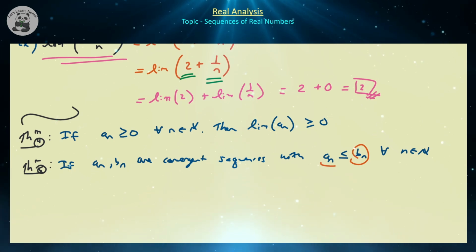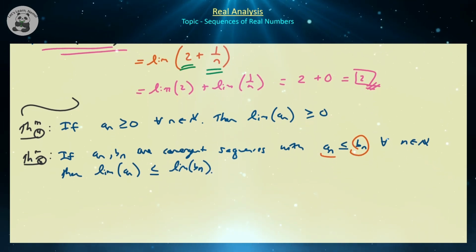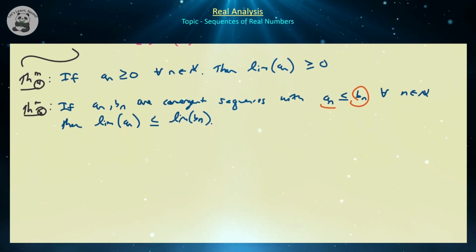So if bn is always greater than or equal to the sequence an for all n in their domain, then what can you tell me about their limits? In particular, the limit of an will also be less than or equal to the limit of bn. Okay, so in some sense, if you can compare the sequences, you can compare their limits. And that can actually be very useful in several scenarios. So let's give this a proof because this is actually pretty fun.